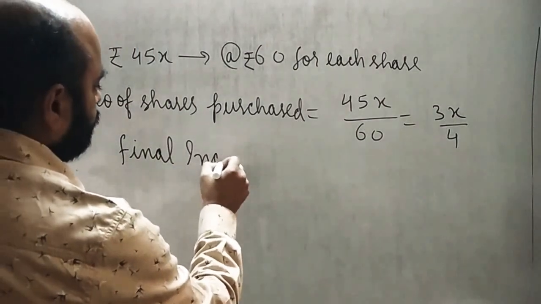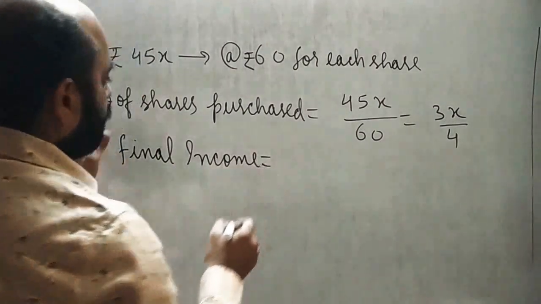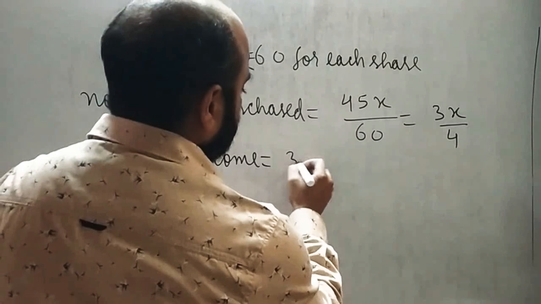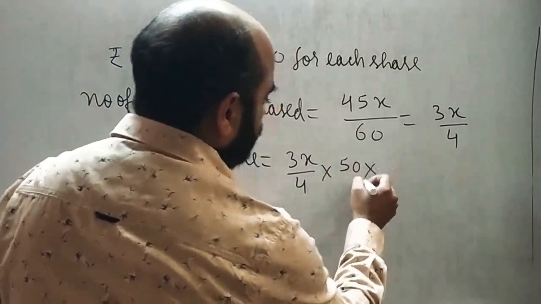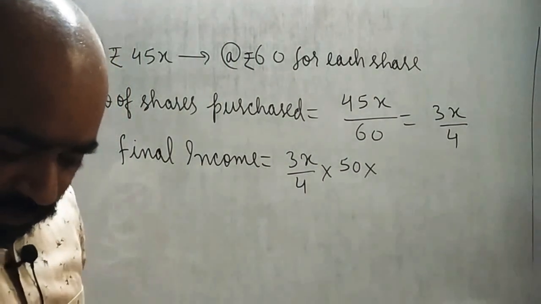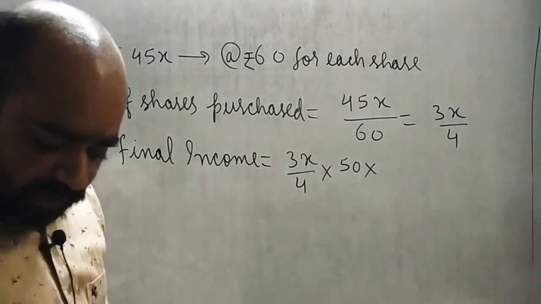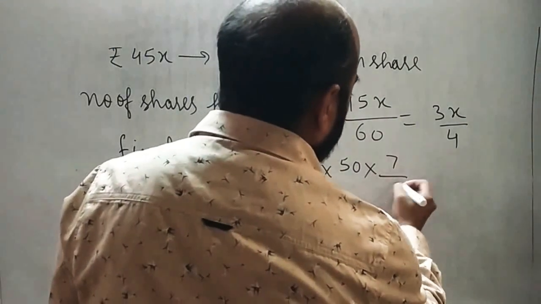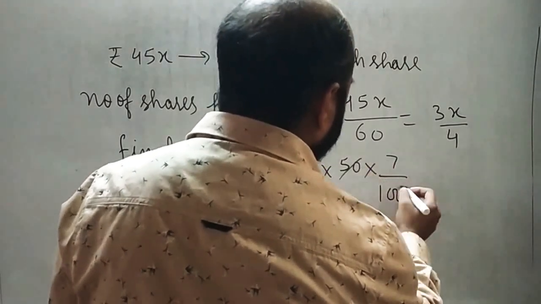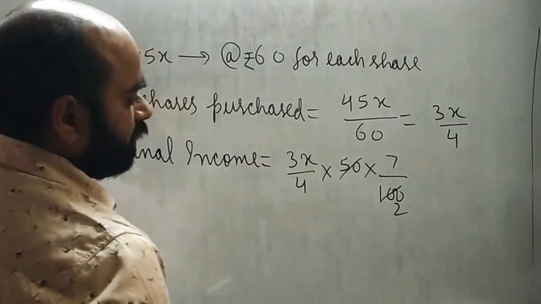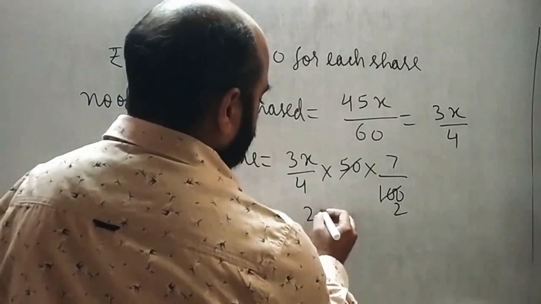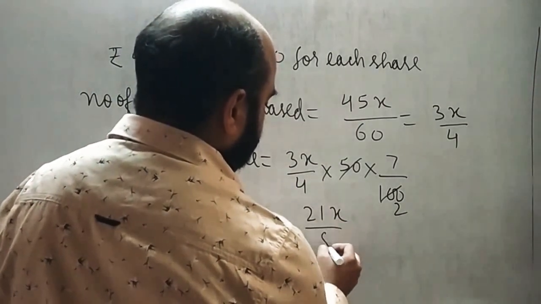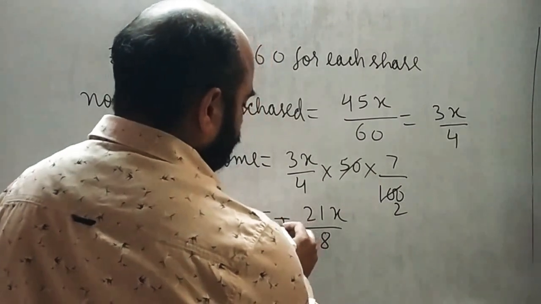So the final income: number of shares purchased 3x by 4. Face value is 50. Percentage dividend is given 7%. So finally that will give 21x by 8.